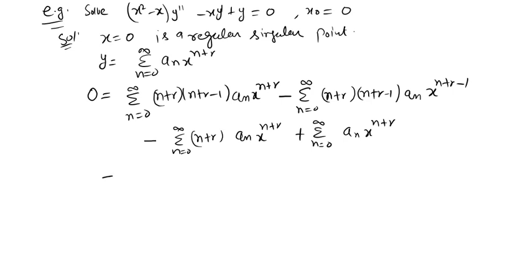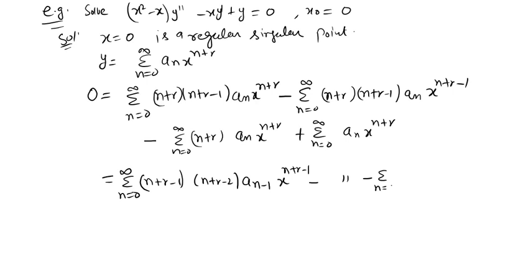So now club all the terms together and make a shift. I am writing first (n plus r minus 1)(n plus r minus 2). So replace n with n minus 1 to get n plus r minus 1. Second sum as it is. Then for the third, you need to change the index as well, so the index will start from 1.